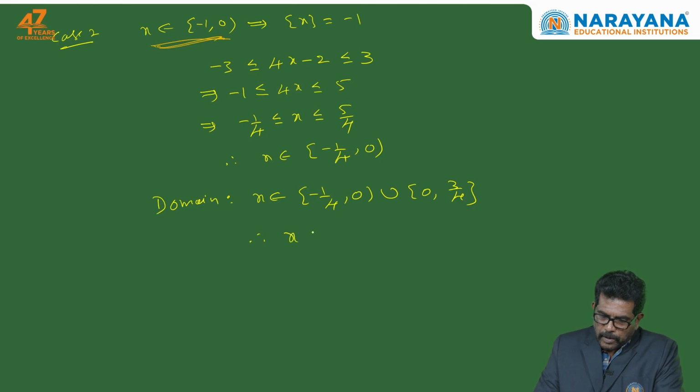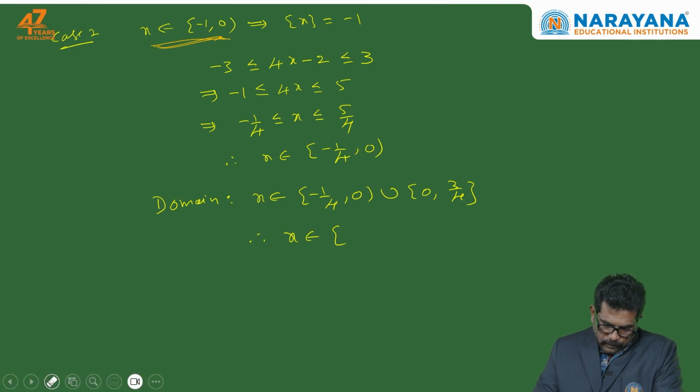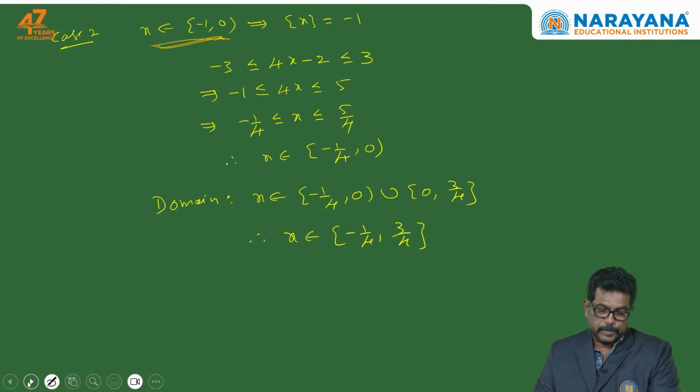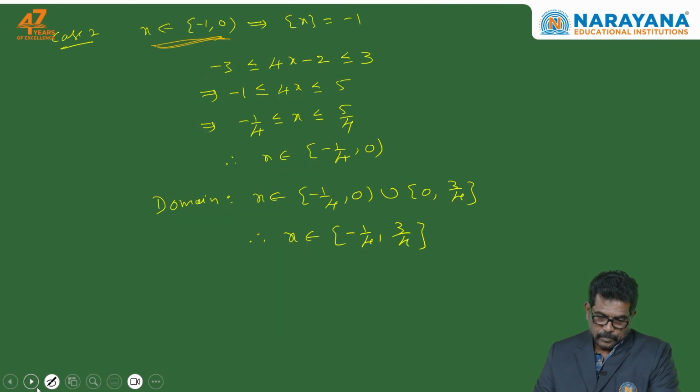Therefore x belongs to the closed interval [minus 1 by 4, 3 by 4]. Observing the options, the third option is correct. The problem is time taking and it involves especially the greatest integer function. Be cautious.